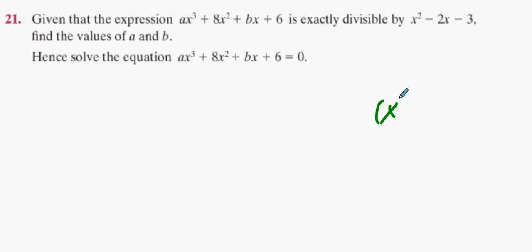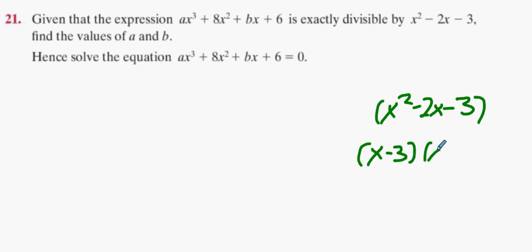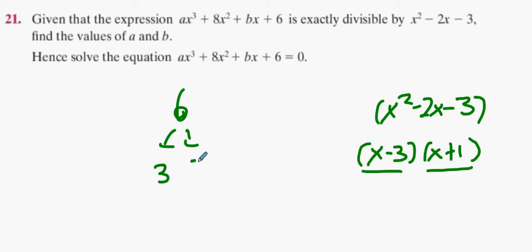We're going to factorize this into x minus 3 and x plus 1, aren't we? So x minus 3 is a factor and x plus 1 is a factor. In the same way, 6 breaks up to make 3 and 2, which will also divide into 12. Does that make sense? It's the same thing.